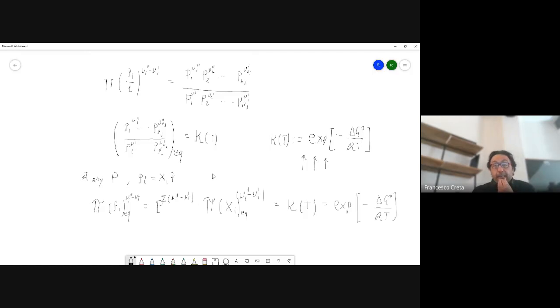Think that in general, the equilibrium composition is a function of pressure as well, because pressure appears here. So this quantity is not a function of P. It's only a function of temperature. Can you hear me?